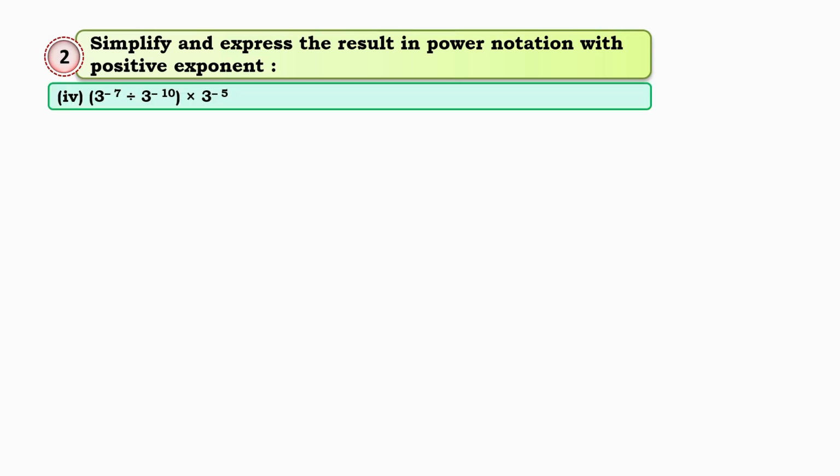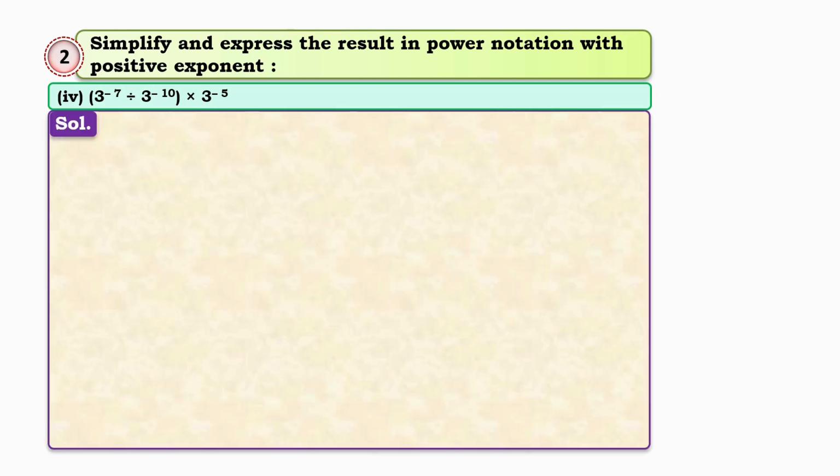The next question is 3 to the power minus 7 divided by 3 to the power minus 10 into 3 to the power minus 5. So let us take a look. Here we are going to apply a^m divided by a^n equals a^(m minus n). Here the bases are the same but the powers are different.